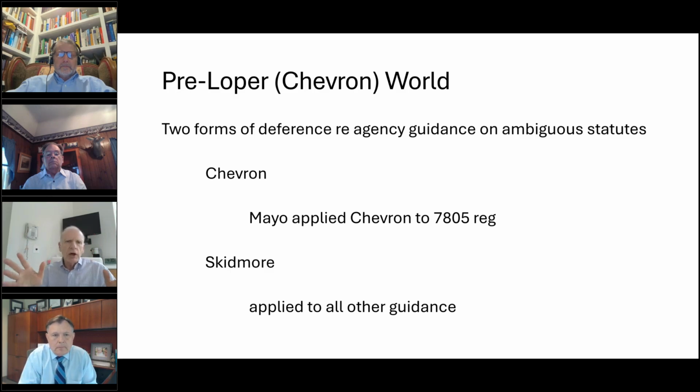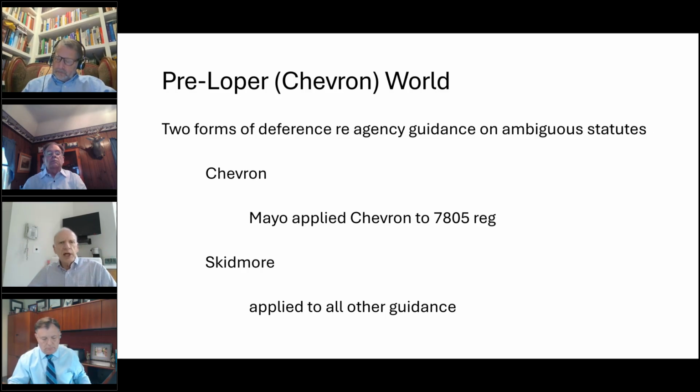That regulation was issued under Section 7805, the general authorization in the code for the IRS and the Secretary of Treasury to issue regulations that interpret the code. It applies across the board, and we'll talk more about that later, I hope.